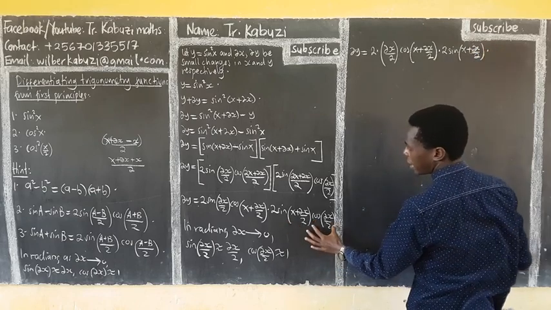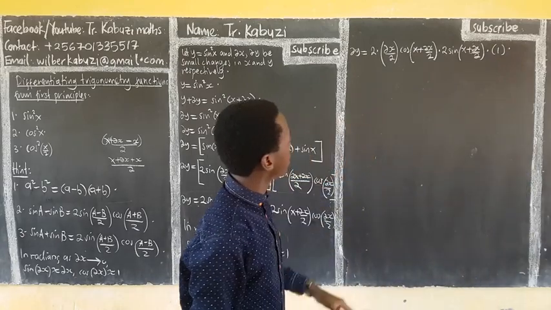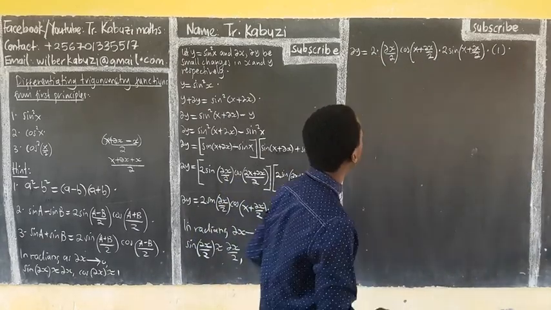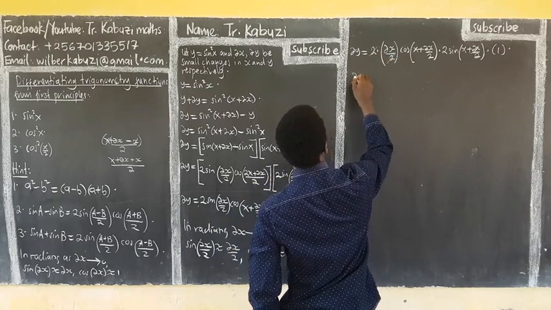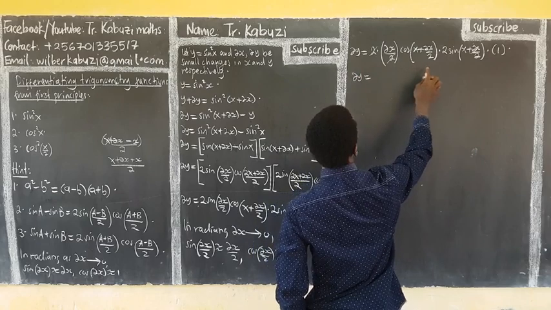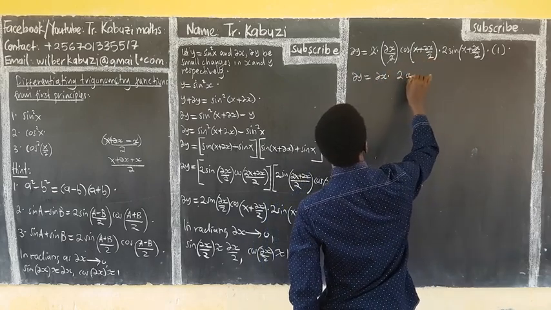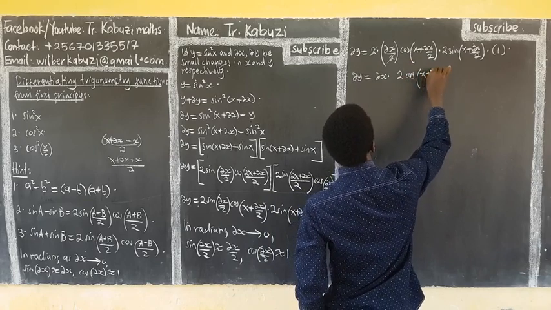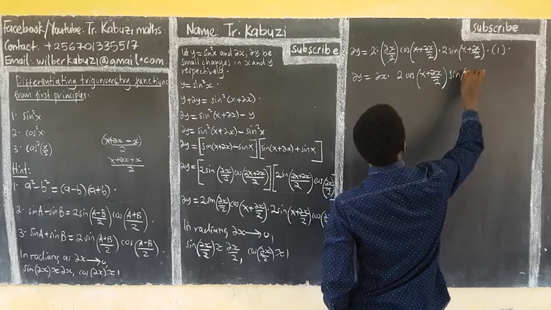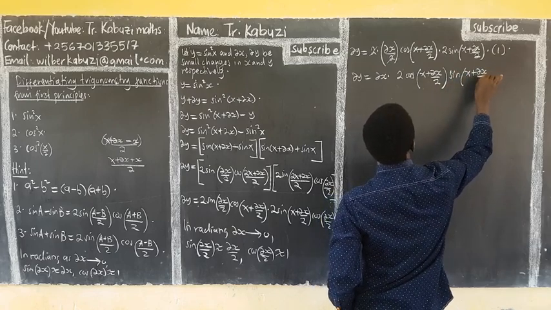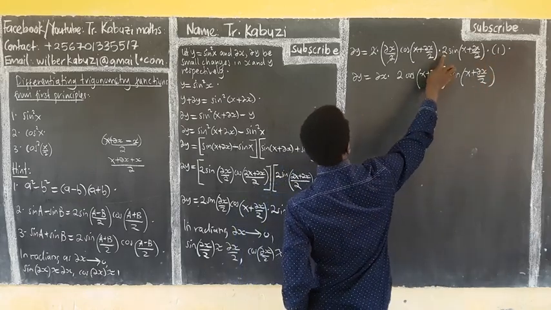Then times, we say this one approximates 1. So this 2 cancels with this. So I have delta y equaling delta x times 2 cos, this one times this to get this. So this 2 comes there.